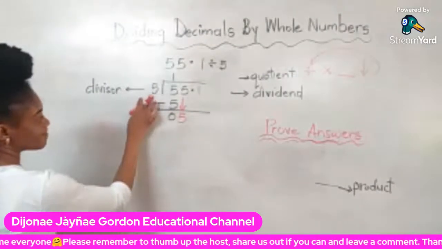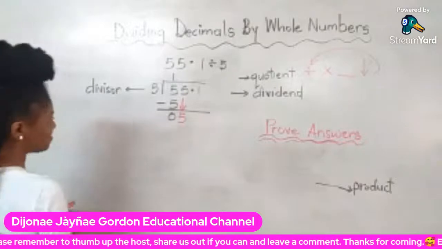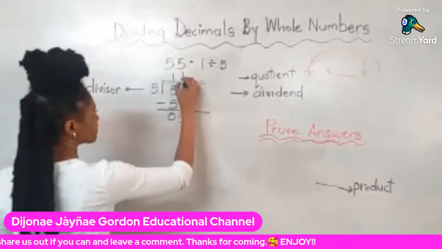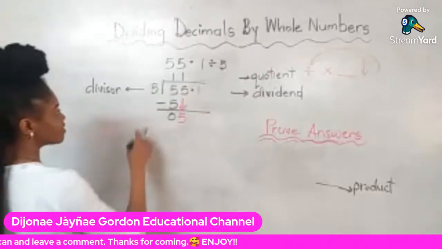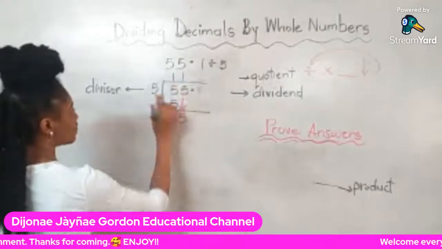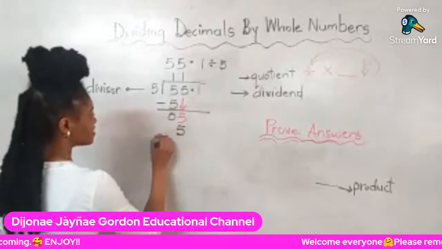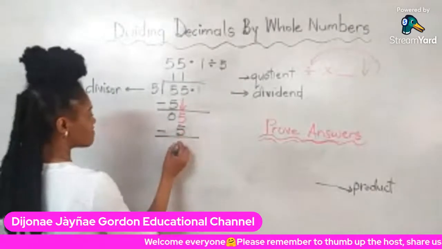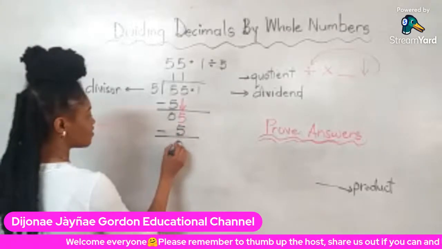How many groups of 5 can you get from this 5 that you just brought down? It's going to be 1 group. The next thing you are going to do is multiply 5 by 1 and 1 by 5. Take away 5 from 5, you are left with 0.